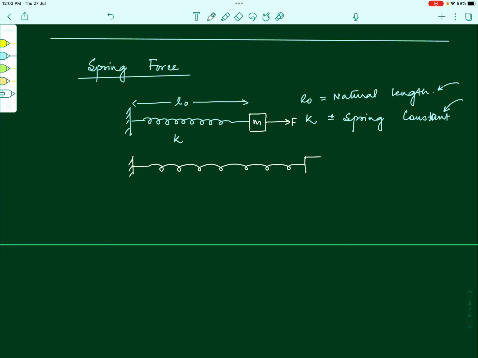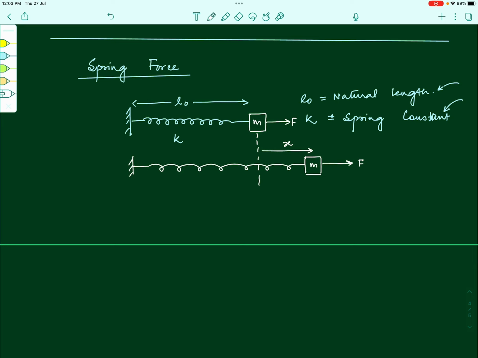Let us say the block has reached here in some time, so that the block has undergone a displacement of x in the presence of the external force that was acting on it. And as the block shifts by a distance x towards right, the spring also opens up by a distance x. We say that the spring undergoes an elongation of x, or it stretches by x.